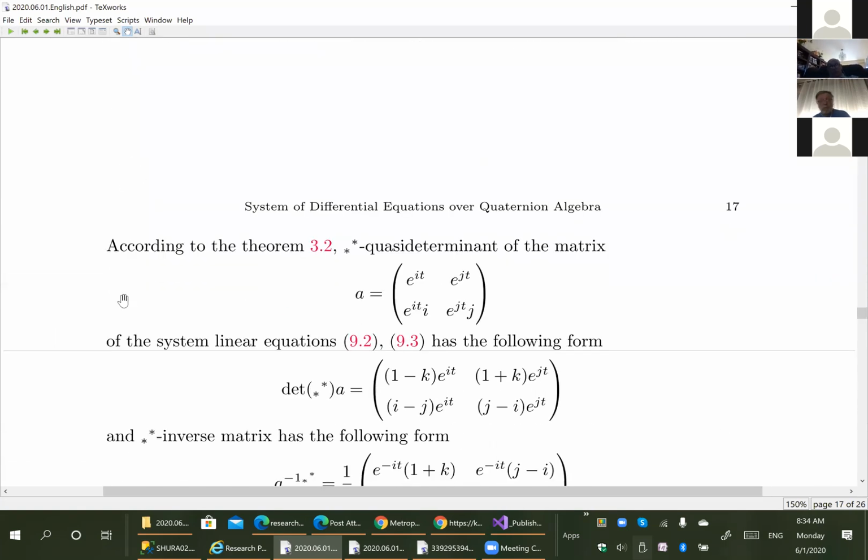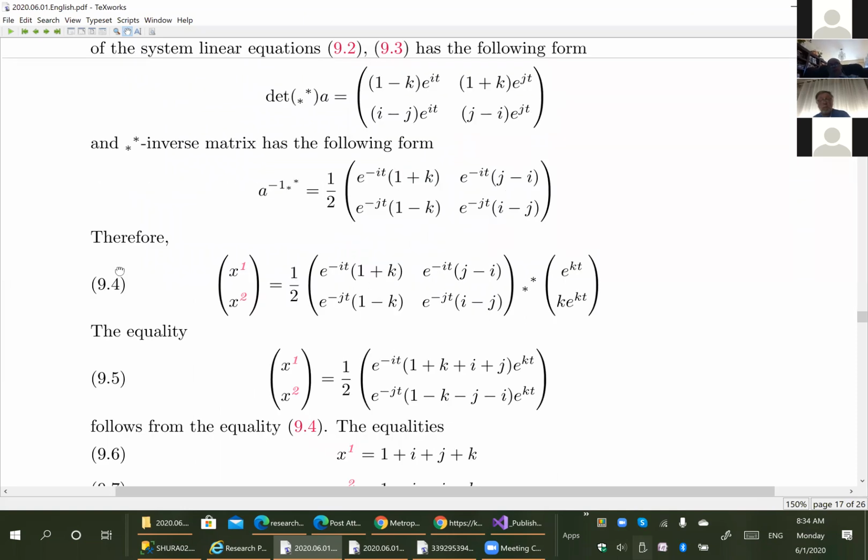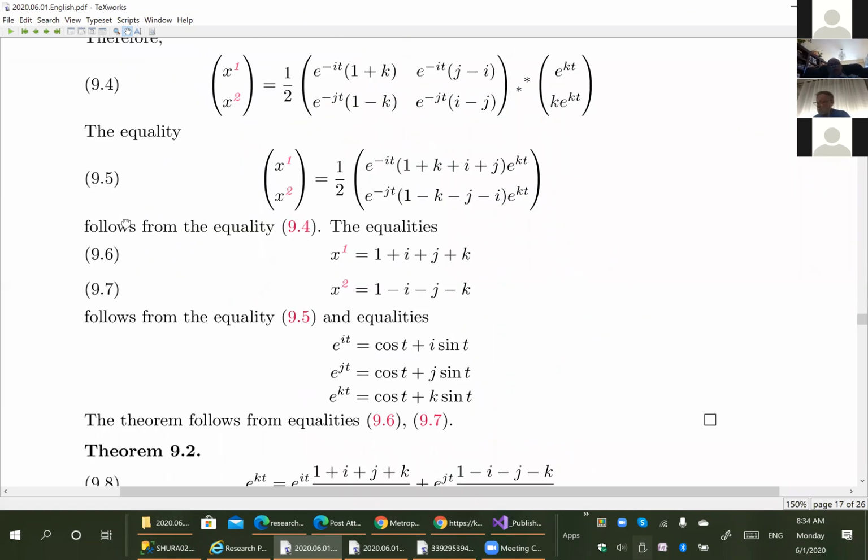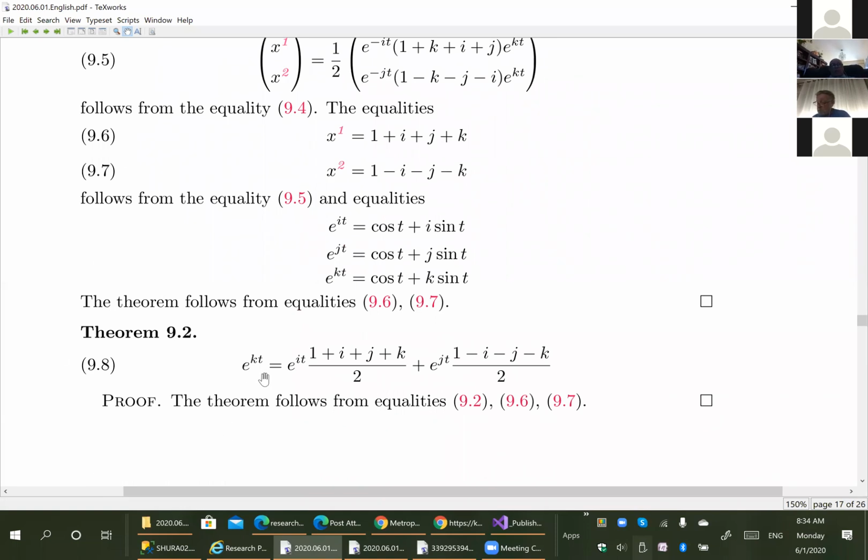Even more, this gives a very interesting equality: exponent in power kt equals exponent in power it plus this constant, equals exponent in power jt multiplied by this constant. It's very unusual, because in commutative algebra we know that the exponent transforms a sum into a product.